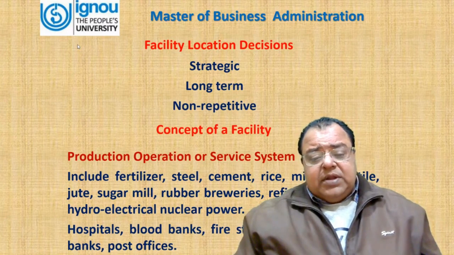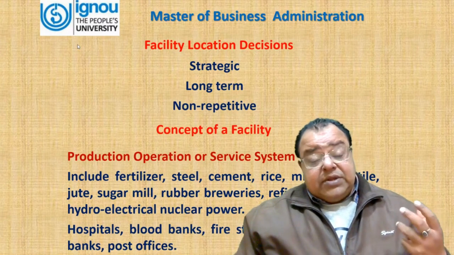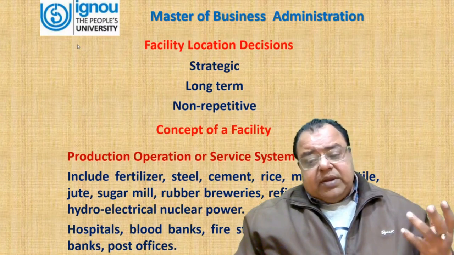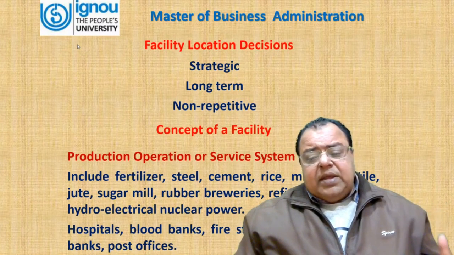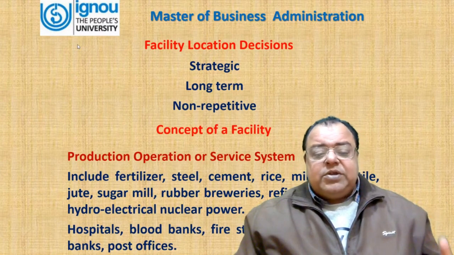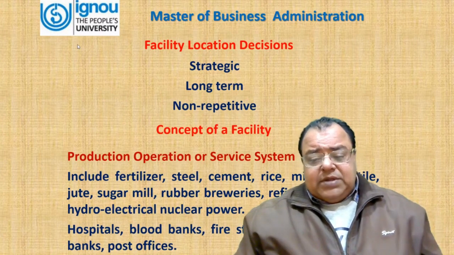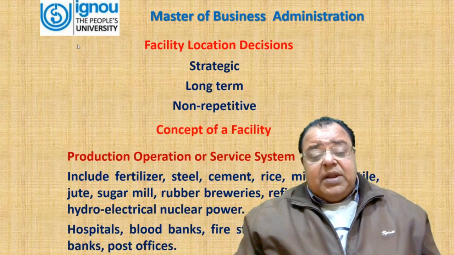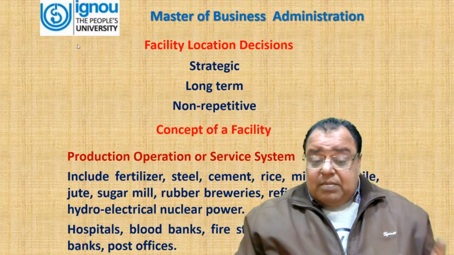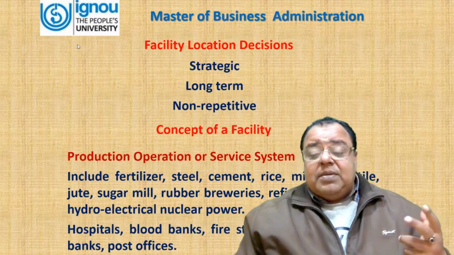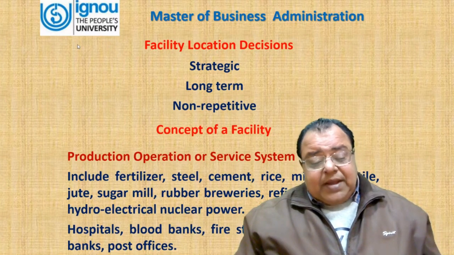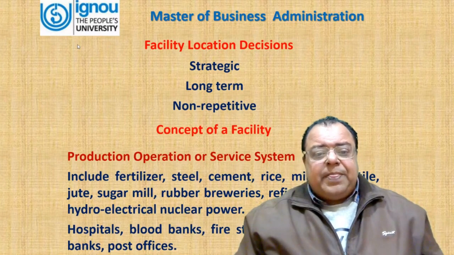This includes industries related to fertilizers, steel, cement, rice milling, textile, jute, sugar mill, rubber, beverages, refineries, thermal, hydroelectric, nuclear power, hospitals, blood banks, fire stations, police stations, banks, post office, etc.